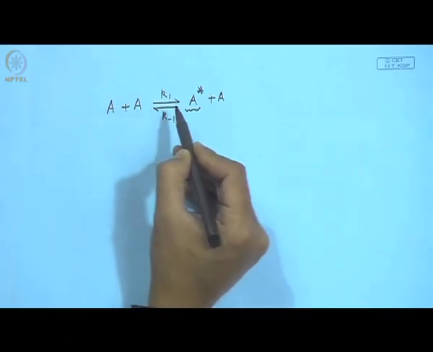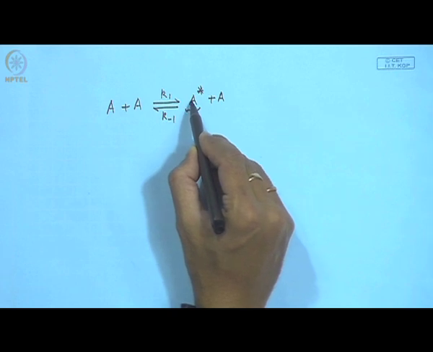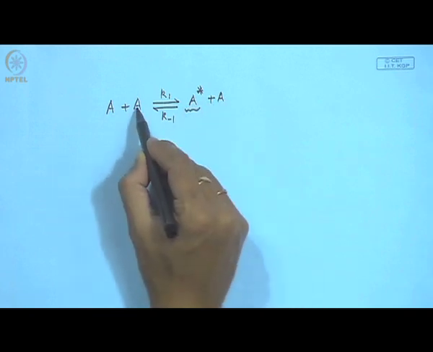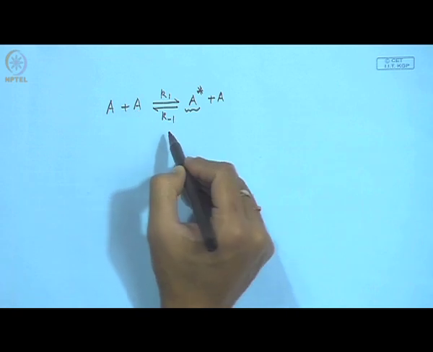Sometimes they will hit the wall, or maybe they will make a collision. The collision between two molecules will lead to generation of an energetically excited, maybe vibrationally excited, molecule, along with one molecule of the same kind as the starting one.